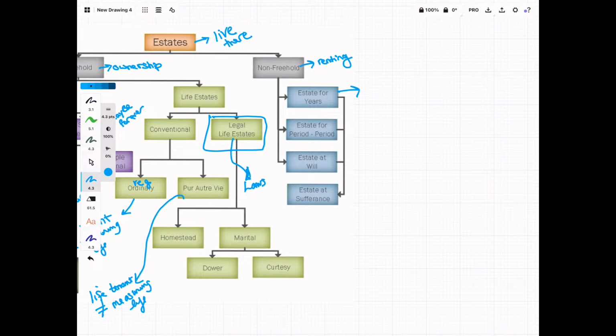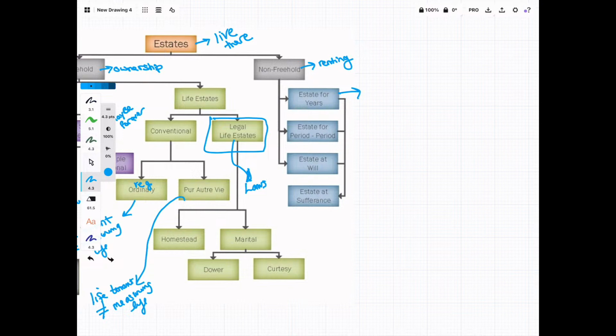Estate for years has a start and an end. No auto renew. Period to period, we're going to say it has a period, then it renews.